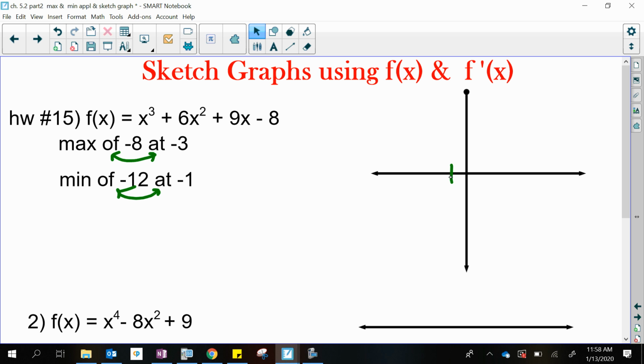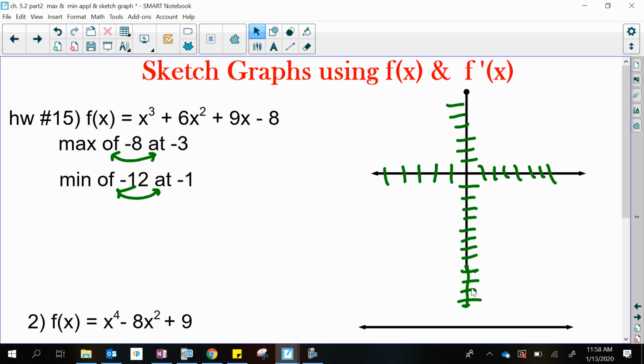So we could provide some x values here and some y values. And we can sketch the graph just knowing the min and the max.